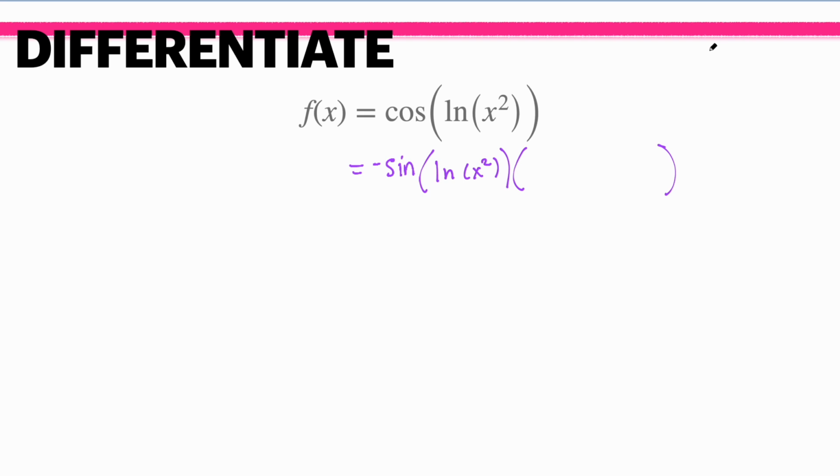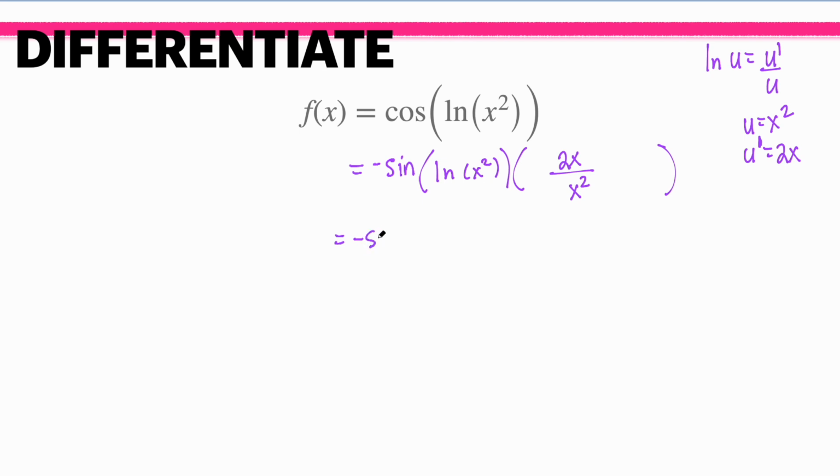So natural log of u is u prime over u. So the natural log of x squared, the derivative is going to be 2x. So the natural log of x squared is going to be u prime over u, which actually nicely kind of cancels.